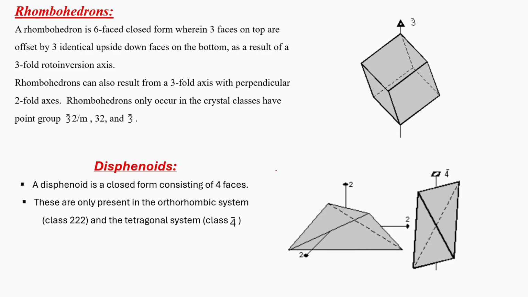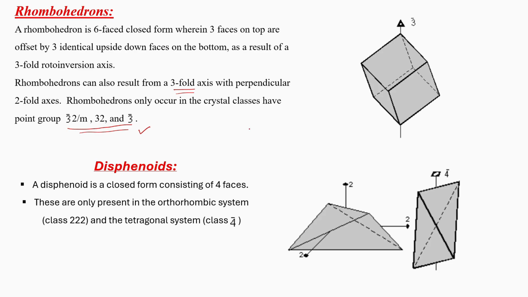So this is generally present only in classes of these point groups: 3 bar 2 by m, 3 2 and 3 bar, because the necessity is to have a threefold axis and perpendicular to that a twofold axis also.